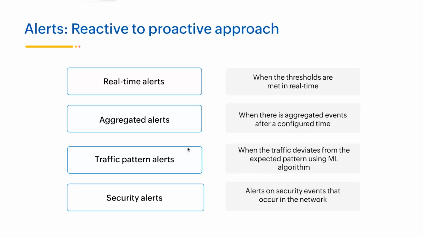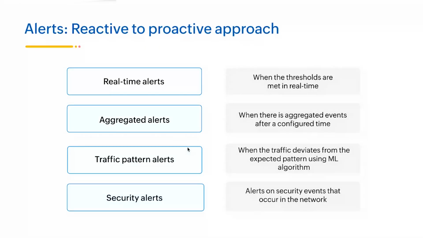Real-time alerts will be generated when the data usage threshold is violated more than the permitted number of times, whereas an aggregated alert goes off when the total volume of packets over the given period crosses the threshold. Traffic pattern alerts will arise when there is deviation from the regular traffic behavior. And lastly, the security alerts will be generated when any security event occurs.